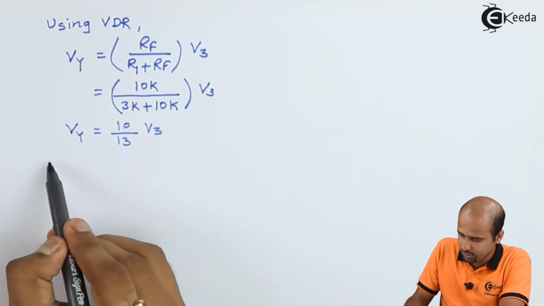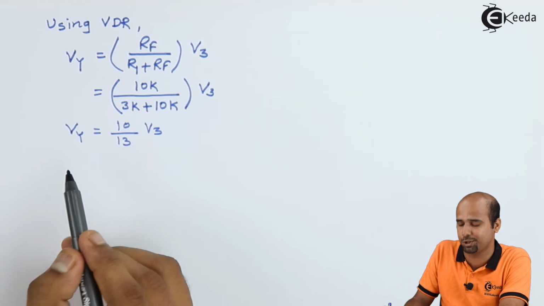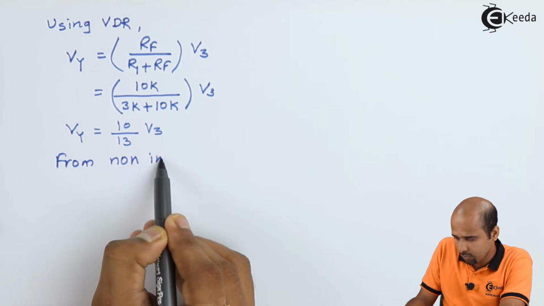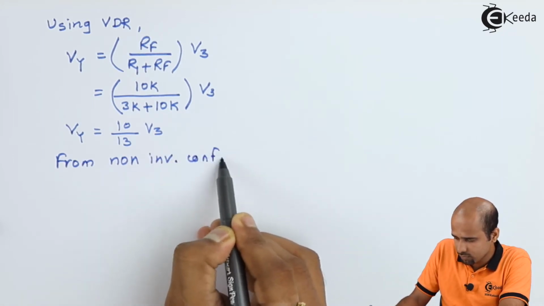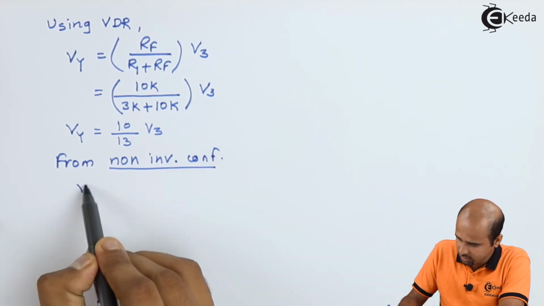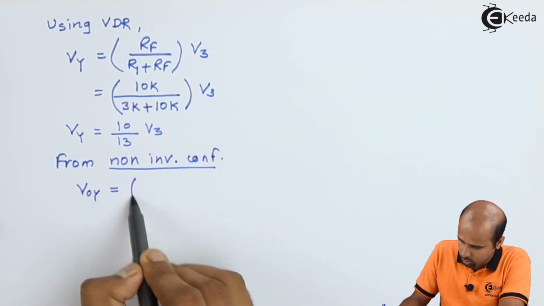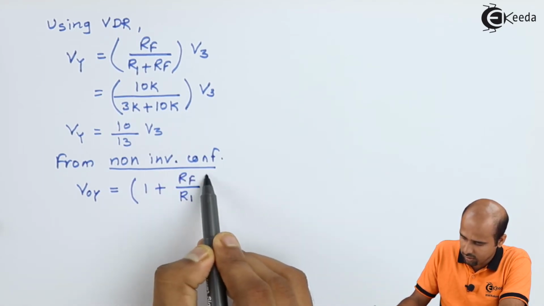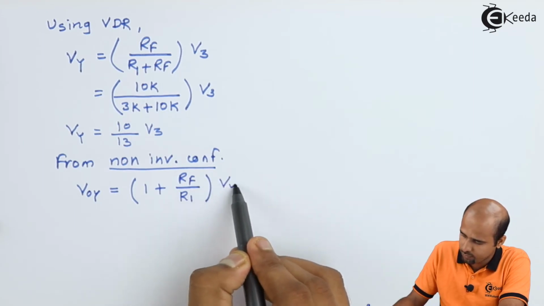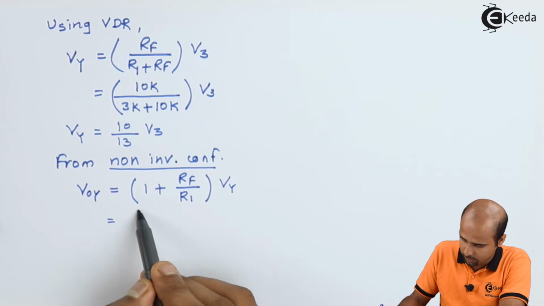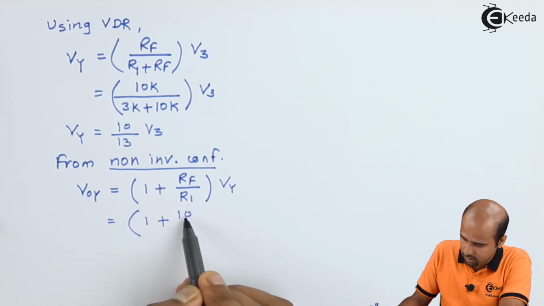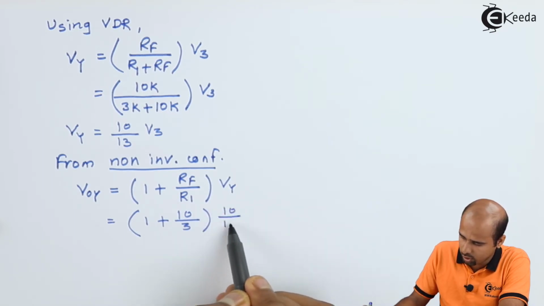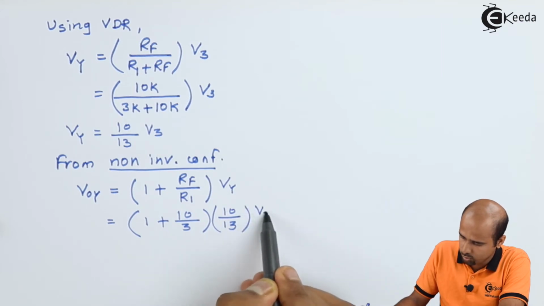We will put that value in the formula of non-inverting configuration gain. We will be getting VOY is equal to 1 plus Rf upon R1 multiplied by Vy. That is coming out to be 1 plus 10 upon 3 multiplied by 10 upon 13 into V3.